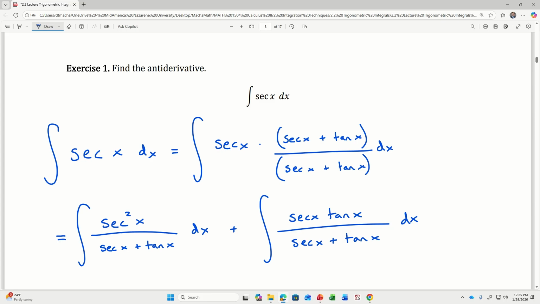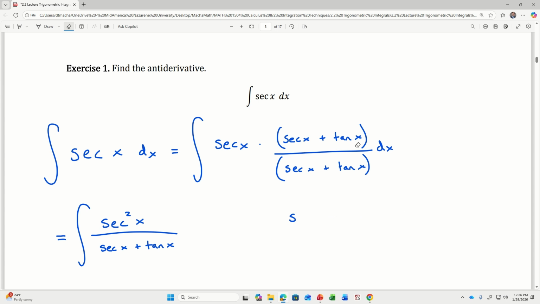Sorry. Got a little ahead of myself. I don't think I should have separated that. I think it would be smarter to instead say secant squared x plus secant x tangent x.